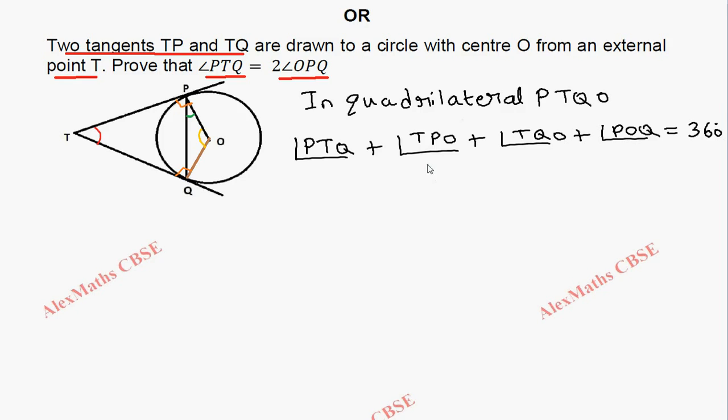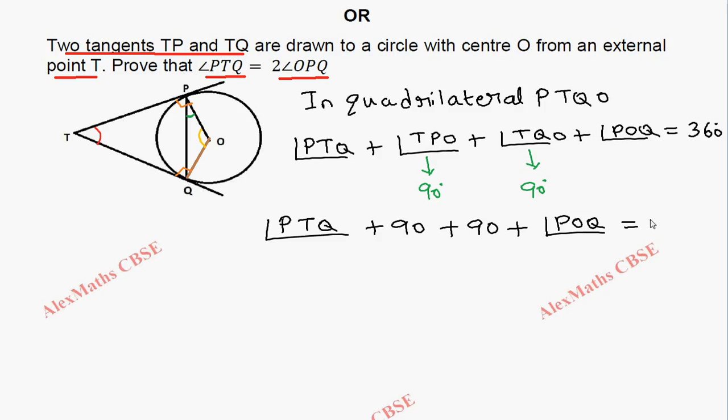Already TPO and TQO are both 90 degrees because it is the angle between the tangent and the line joining the center of the circle to the point of contact of the tangent. So angle PTQ plus 90 plus 90 plus angle POQ equal to 360.